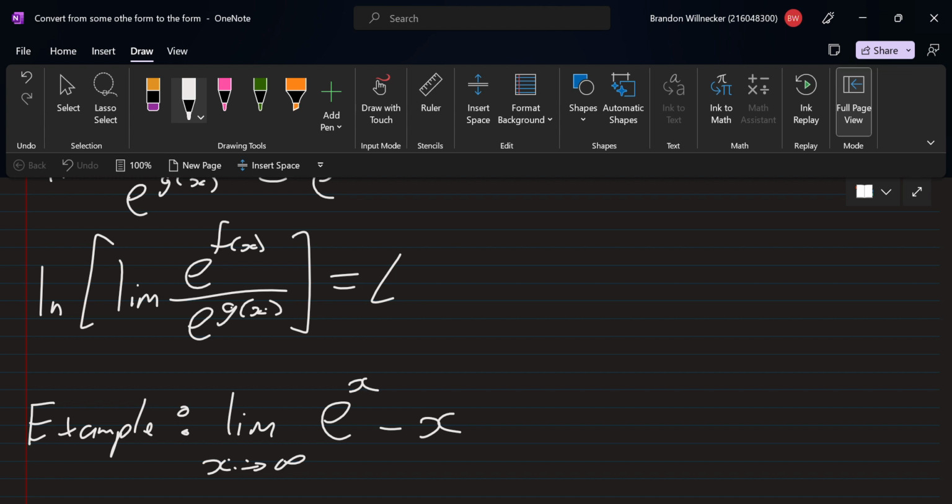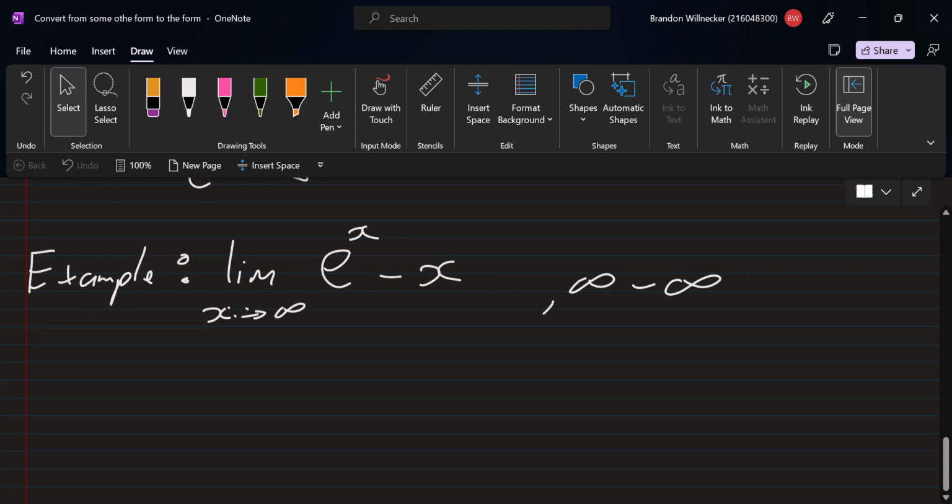We need to use L'Hopital's rule, but it's in the wrong form. This is in the form infinity minus infinity. We can't work with that, but we can work with the form infinity over infinity. So that's going to be for homework: convert this into type infinity over infinity.